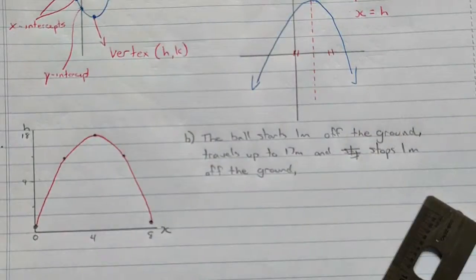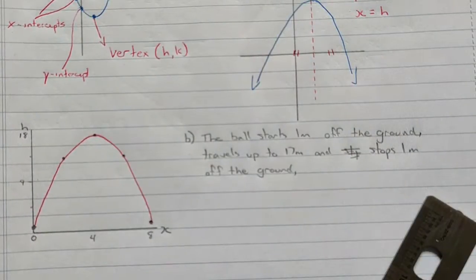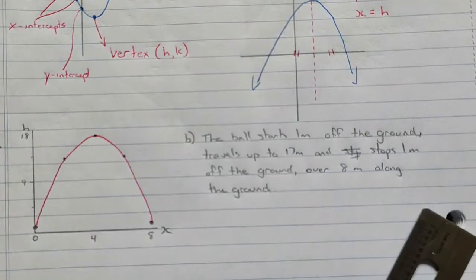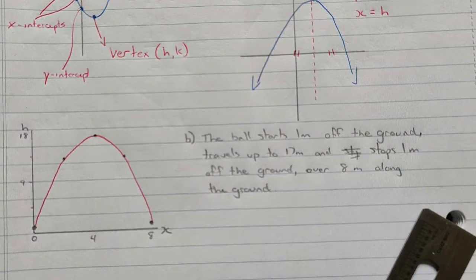And now that describes the height portion of our graph, but it doesn't describe the horizontal travel. So we're going to put that in too. Something like over 8 meters along the ground would describe that. So we want to make sure we're describing both our vertical and our horizontal movements here.